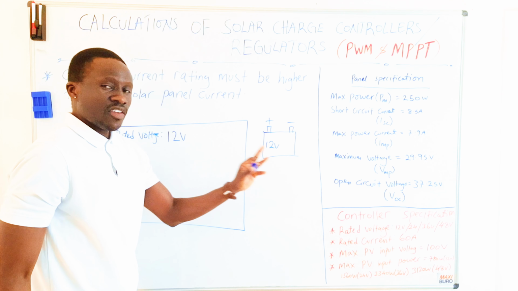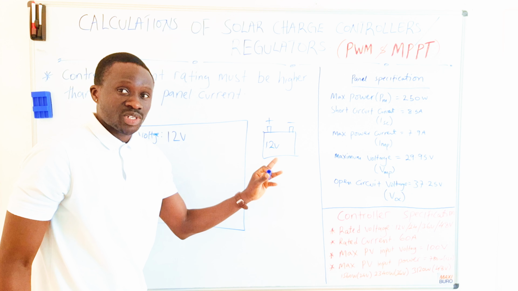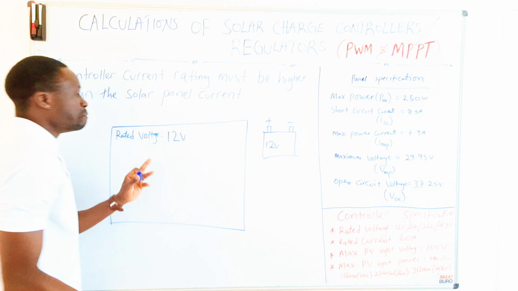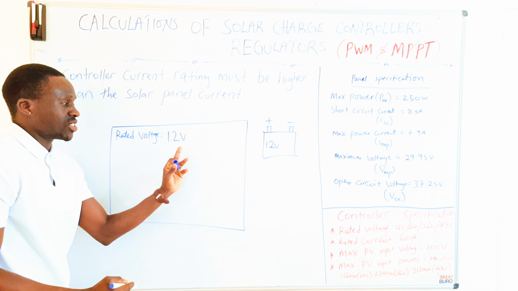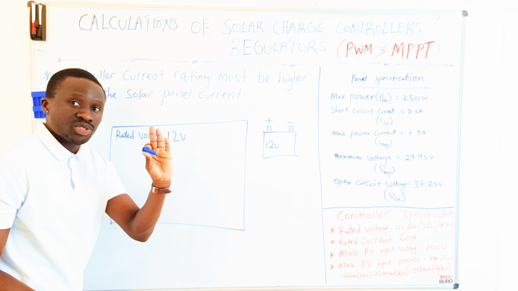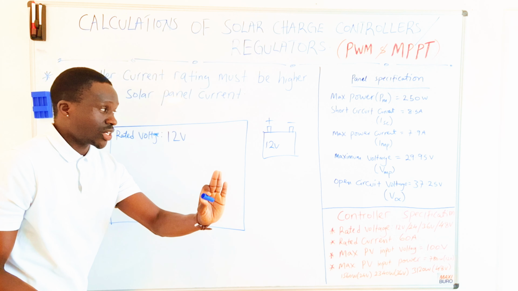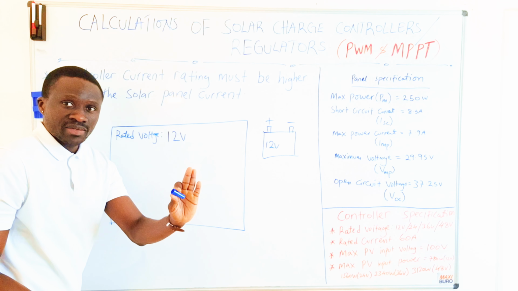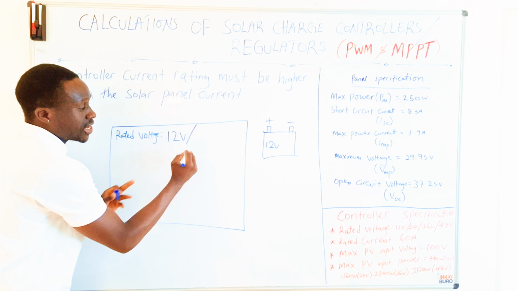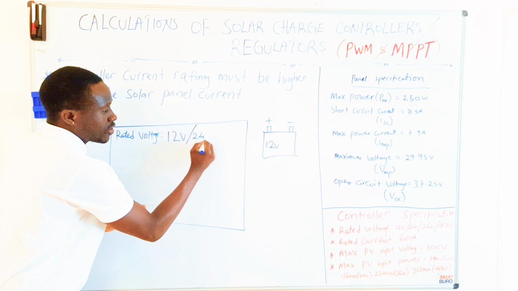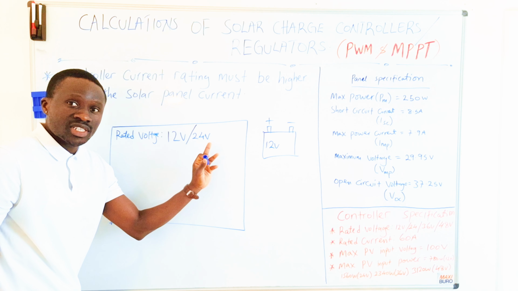Okay, if you're going to connect your batteries in series to make 24 volts, read the rated voltages on your regulator, and if there is no 24, please don't use it on a 24 volt battery. It will fault. It will not manage unless it says 12/24 volts.